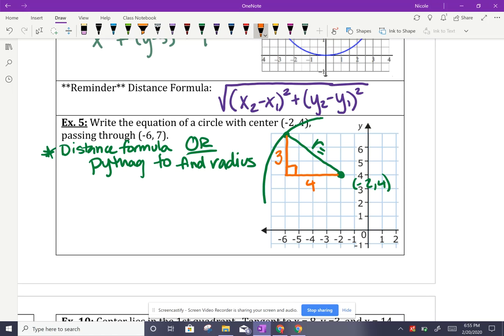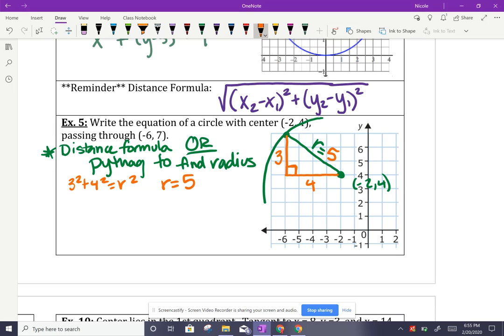So now I have created a right triangle to help me find my radius. If you do Pythagorean theorem, this is 3 squared plus 4 squared equals radius squared, and my radius is going to be 5. Pythagorean triple. So if there's sides 3 and 4, that hypotenuse has to be 5. You do not necessarily need to show me Pythag if you can just do that part in your head. I'm fine with that.